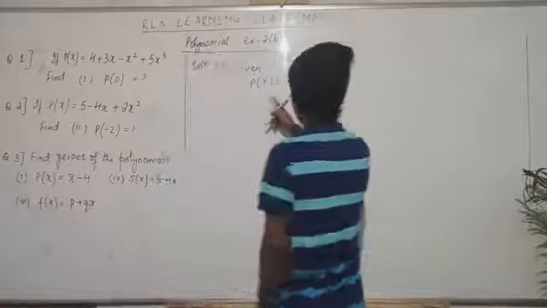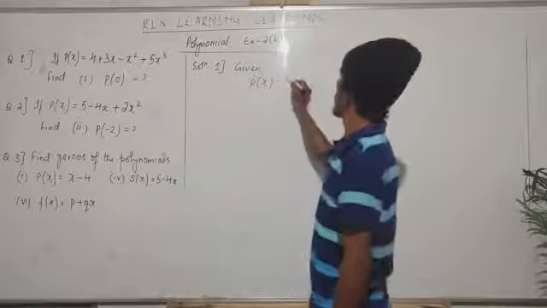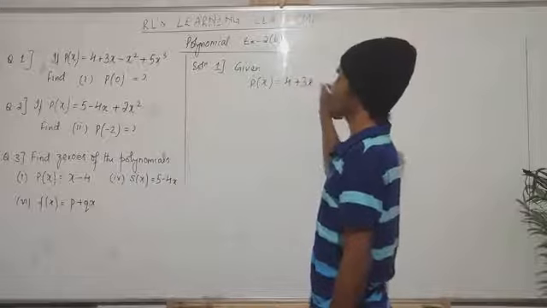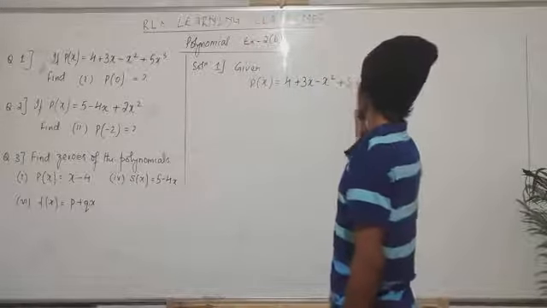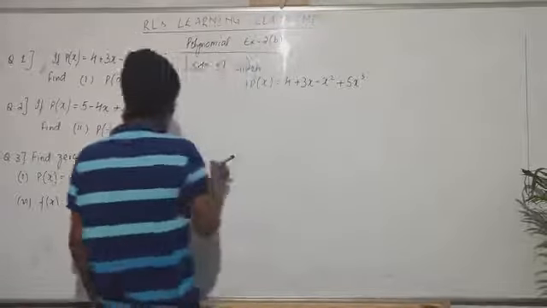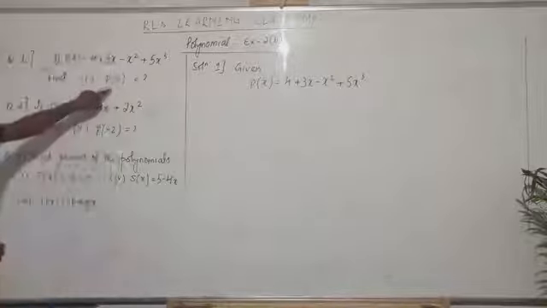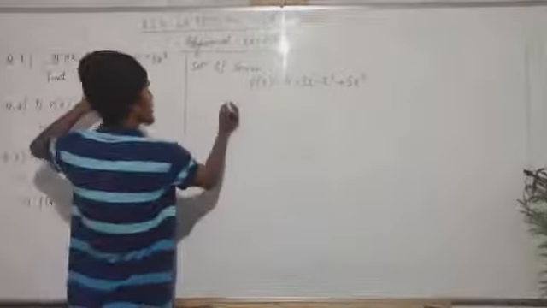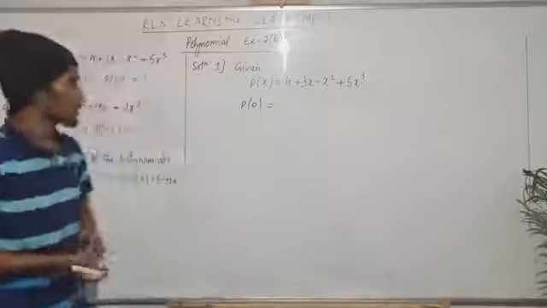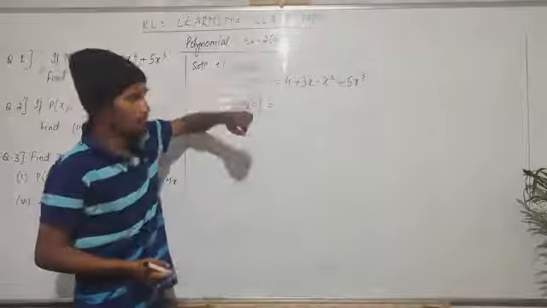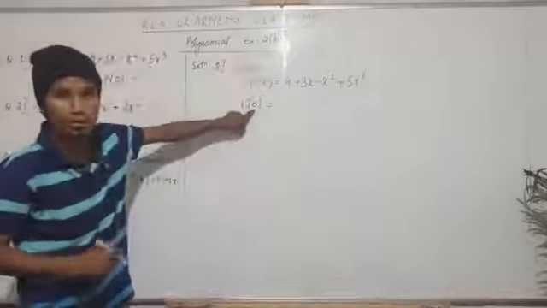Now that will be 4 plus 3x minus x squared, then plus 5x cubed. What we need to find is P of 0 is equal to how much? What is the meaning of P of 0? In place of this x, we have to put 0.